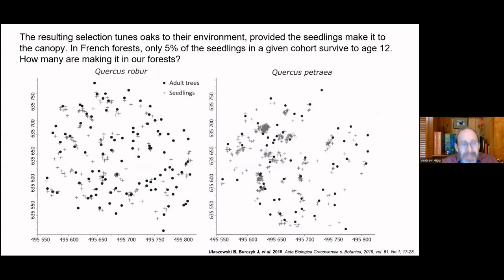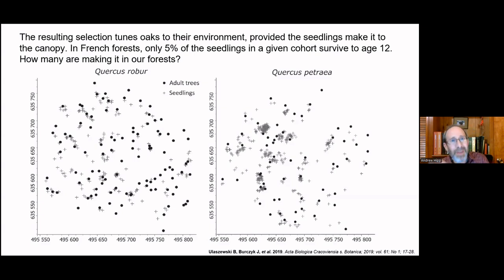So what we're seeing here is seedlings, these plus signs in two species in one European forest. This aggregation of seedlings here in the sessile oak, and to a lesser extent in the pedunculate oak. These are results of mast years. Those mast years saturate the market. They get a lot of acorns out there. You produce these lawns of seedlings.